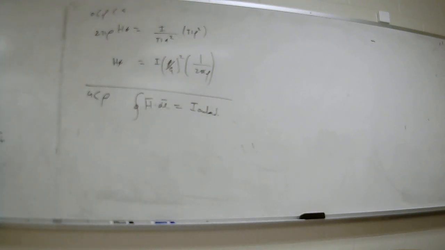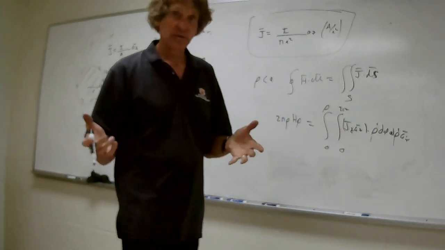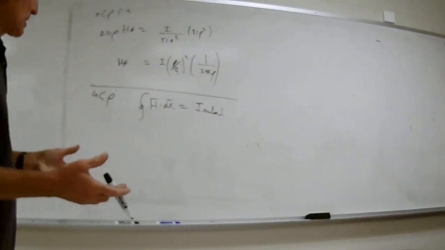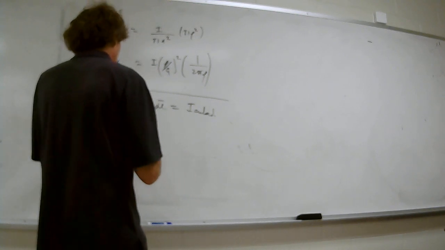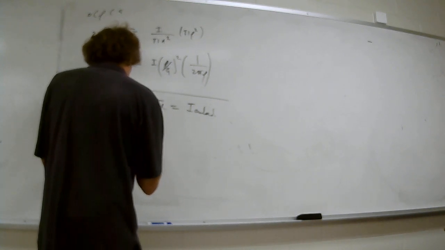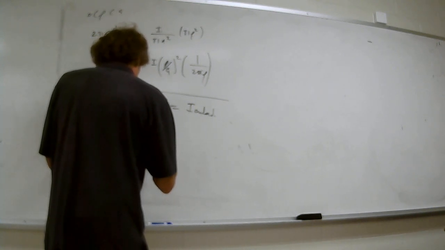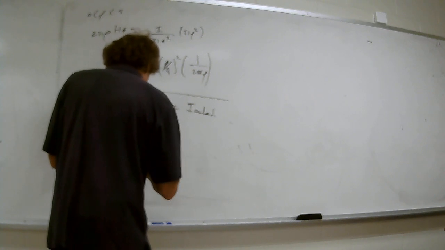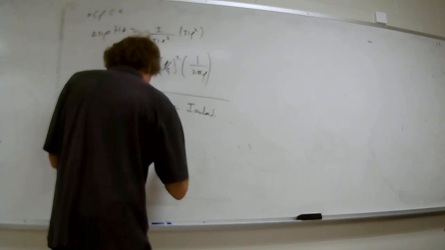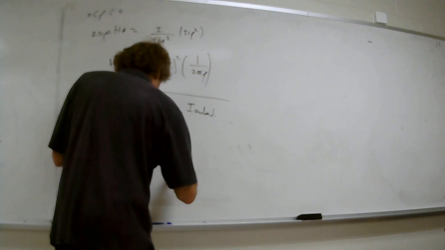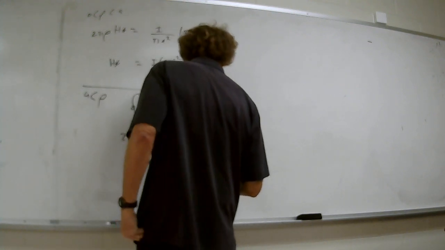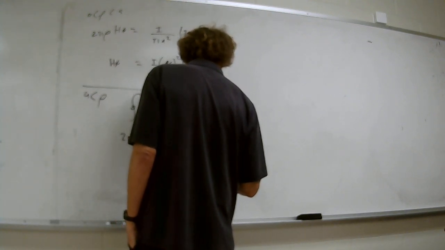But now, if I'm out here, rho greater than a, all the current is limited to the inside of that wire, and it is I. Do you agree with that? So that means when I do this, now I get 2 pi rho h phi is just equal to I, and h phi is equal to I over 2 pi rho, and this is for rho greater than a.